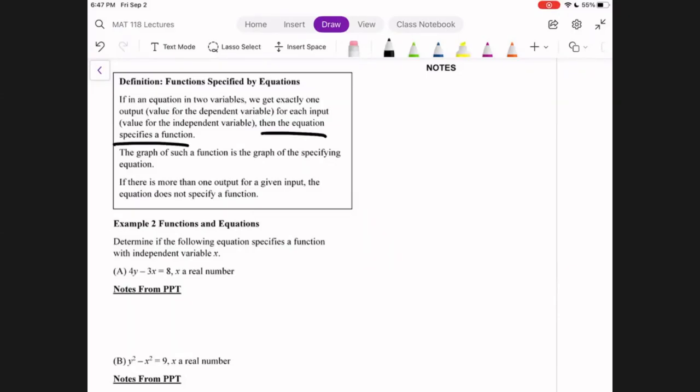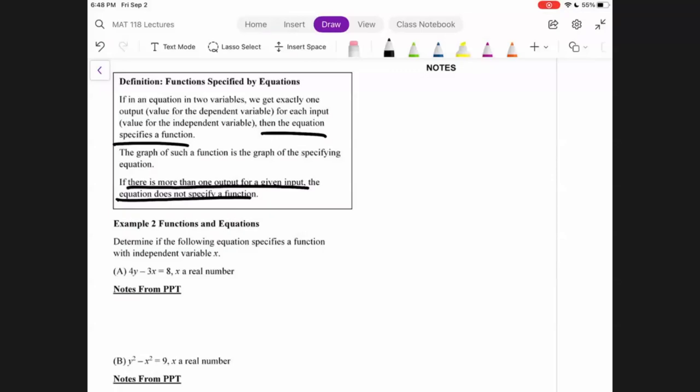The graph of such a function is the graph of the equation. So if there's more than one output for a given input, it is not a function. That means if I have more than one y value for an x value, then it would not be a function.